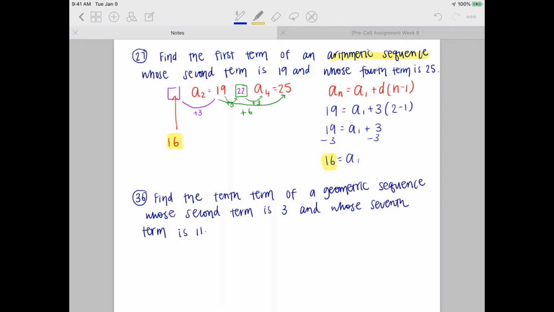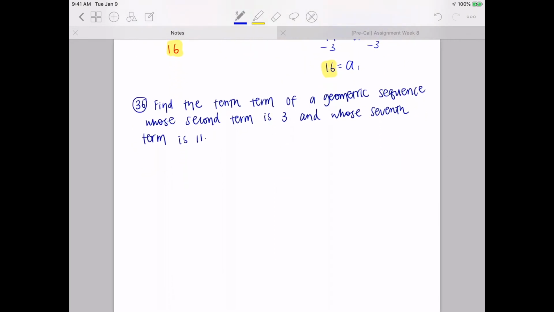Okay. Number 36, find the 10th term. So I already have a second term is 3, seventh term is 11. This is geometric though. Okay, this is one of the harder questions.